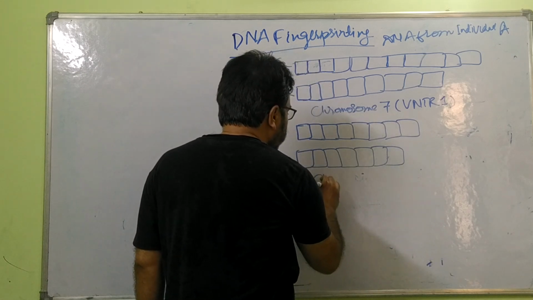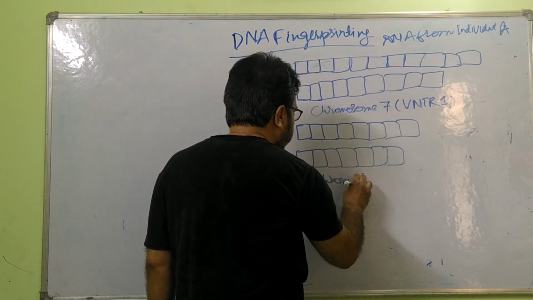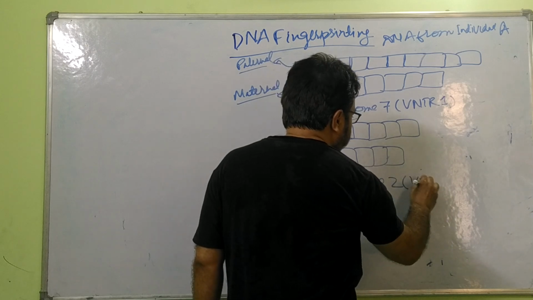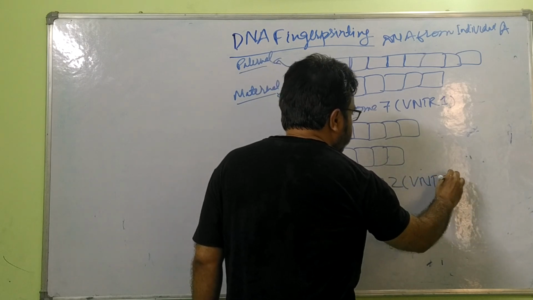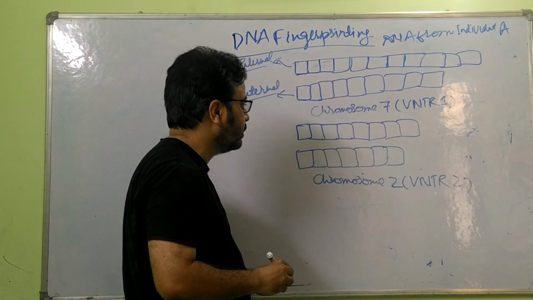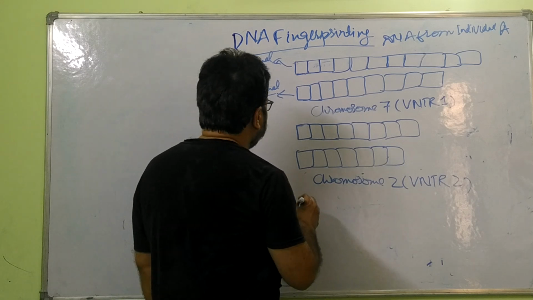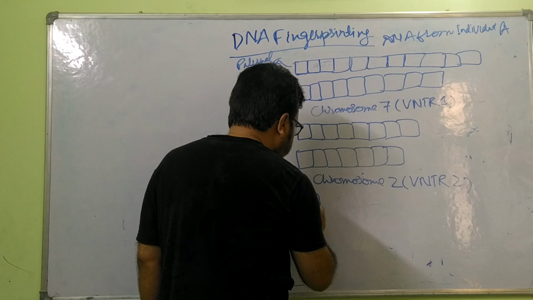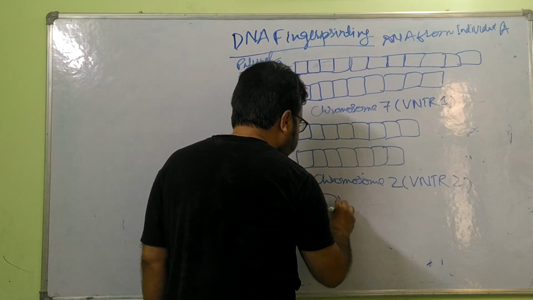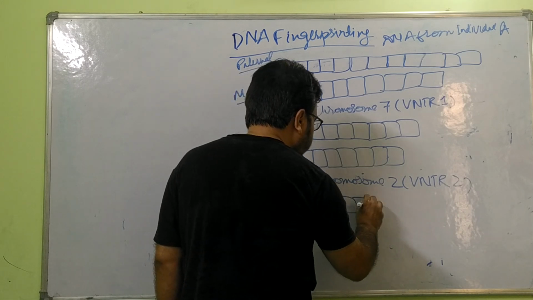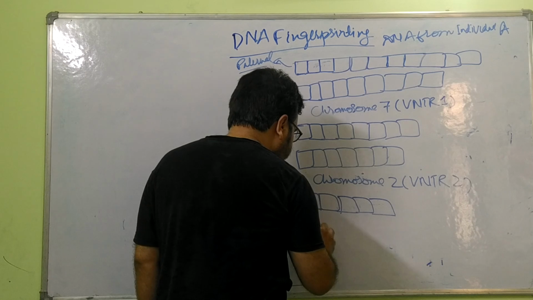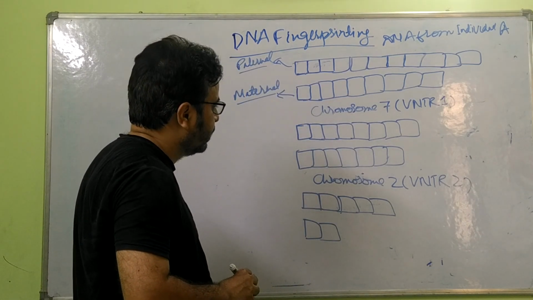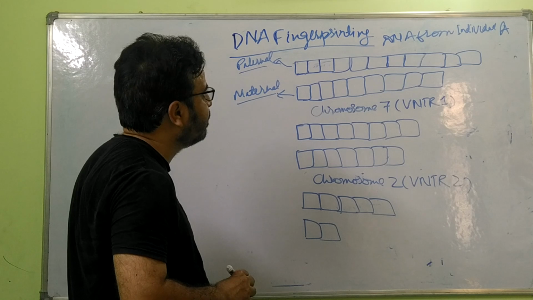So this is, for example, chromosome 2 or VNTR 2. And the next one is, for example, 5 repetitions, 3, 4, 5, and the next allele it is 2. So these are from the sample 1.